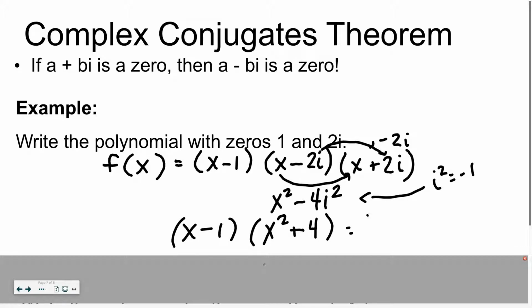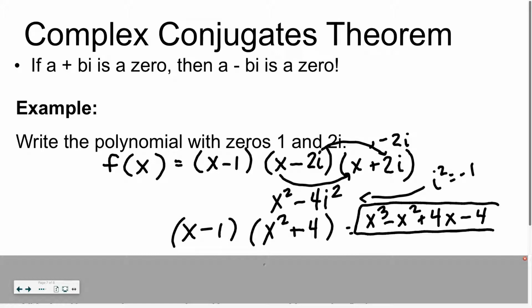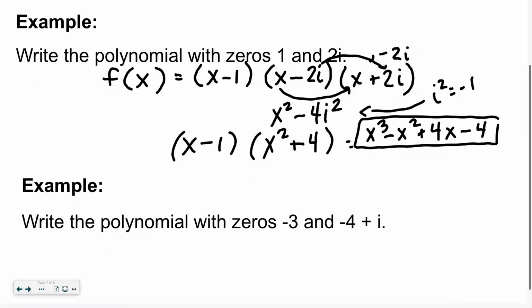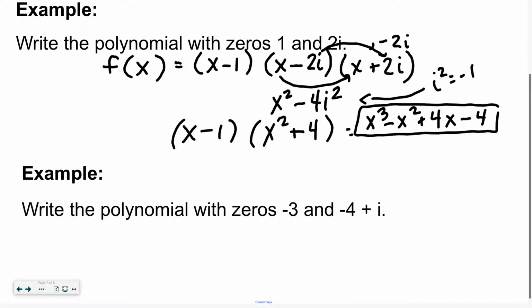So that will be x cubed minus x squared plus 4x minus 4 in the end. Why would it be a negative 1 in the parentheses?